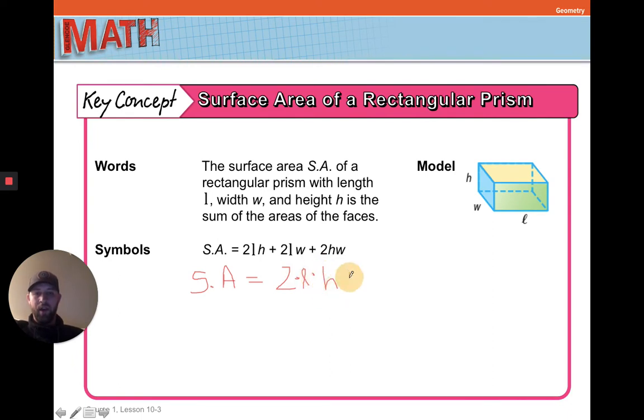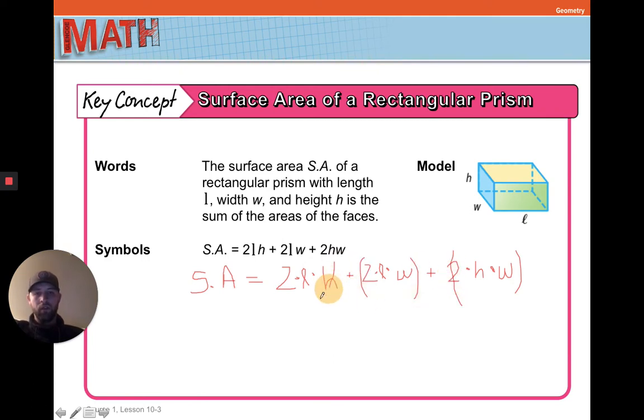Then we're going to add 2 times the length times the width. And then we're going to add, lastly, 2 times the height times the width. Okay. So as you can see, I have 3 separate multiplication problems here.